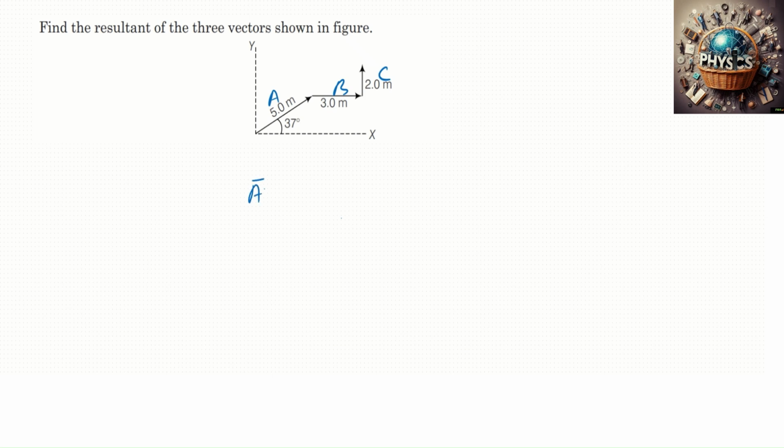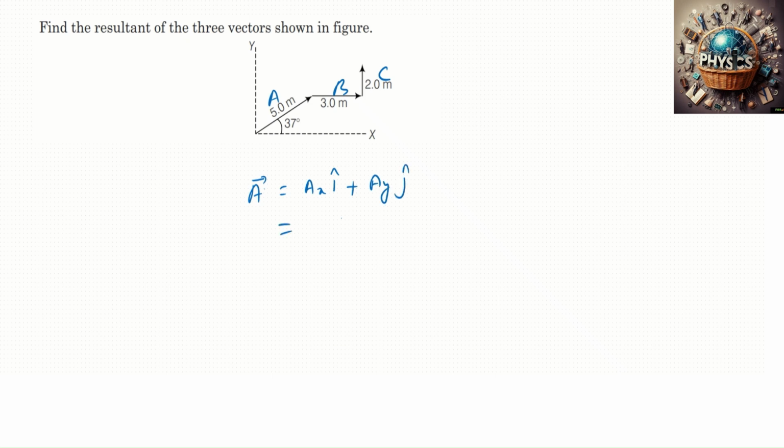So we can represent A in the XY coordinate system in terms of I cap and J cap. We can say Ax into I cap, the component of this particular vector A along the I axis, plus Ay into J cap.